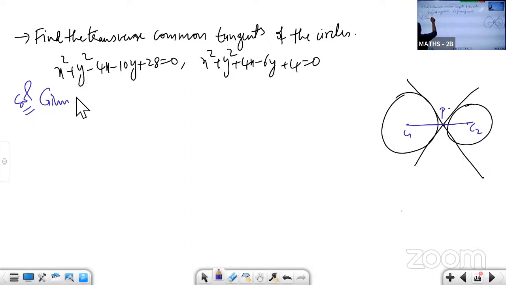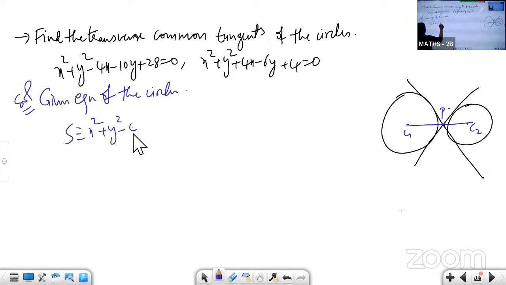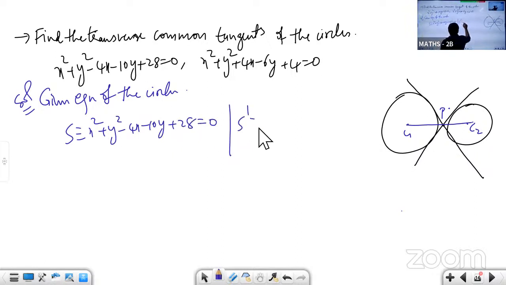So given the equations of the circles, S is x square plus y square minus 4x minus 10y plus 28, and S dash is x square plus y square plus 4x minus 6y plus 4.